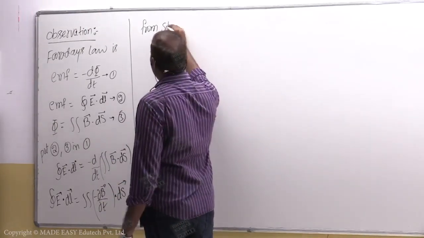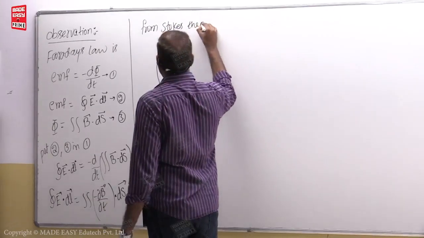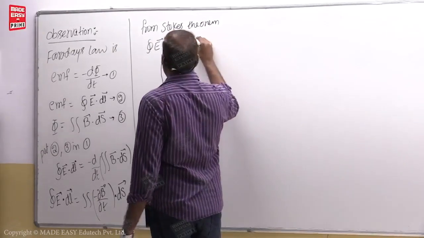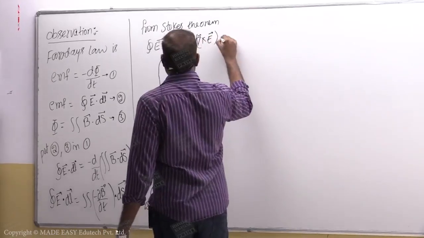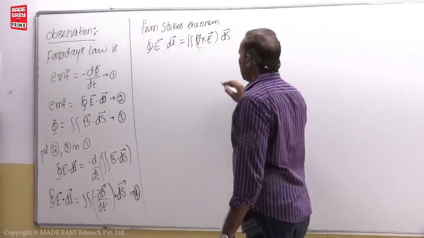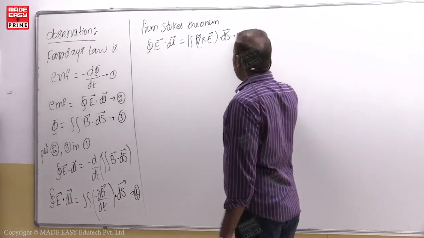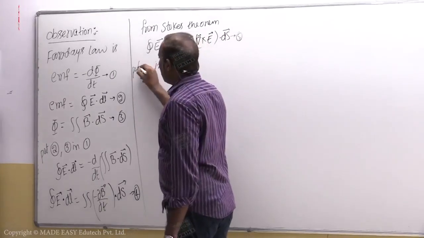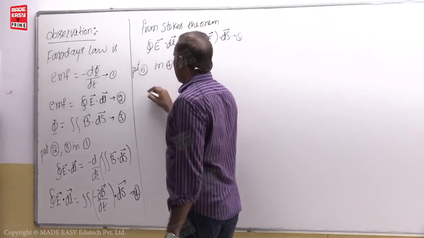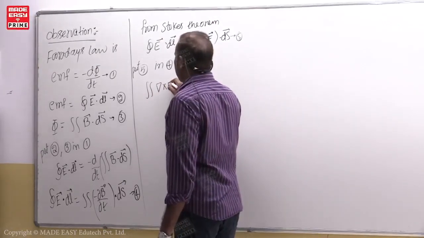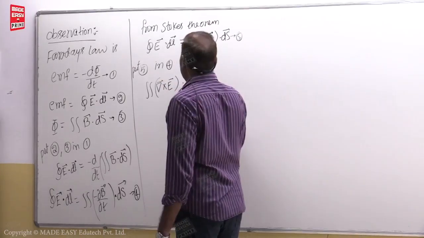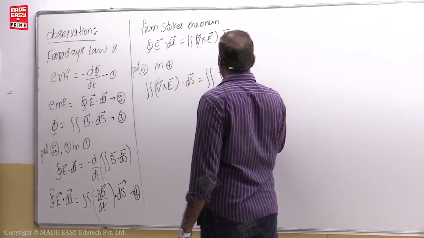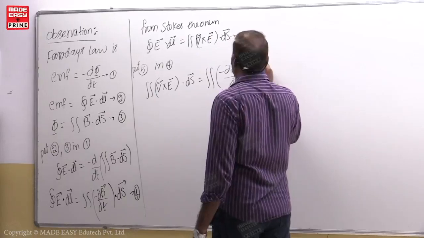Now from Stokes' theorem, closed integral of E dot dl bar is equal to double integral of del cross E dot dS bar. Now you substitute equation 5 in 4, then you get double integral of del cross E dot dS bar is equal to double integral of minus dou B by dou t dot dS bar.